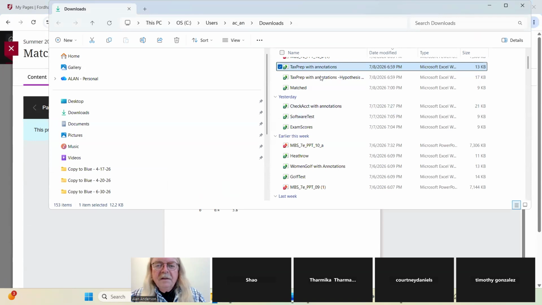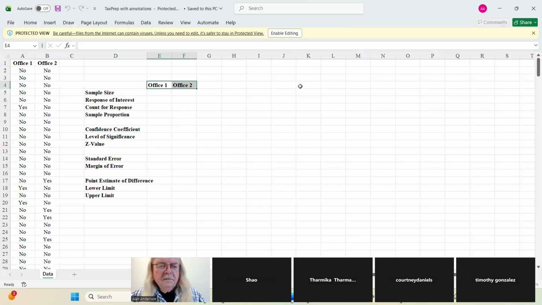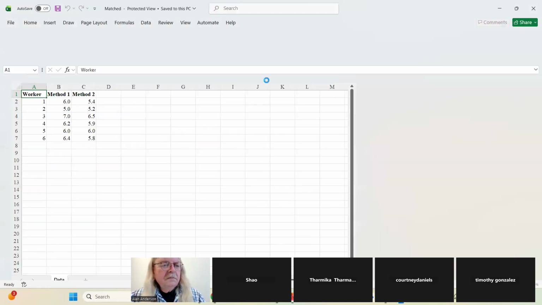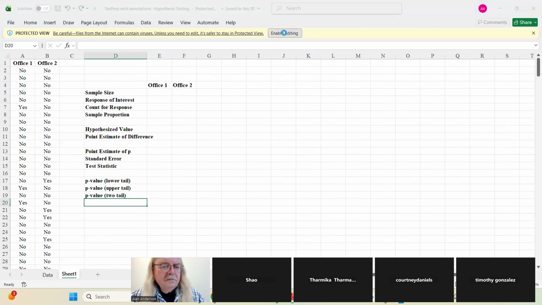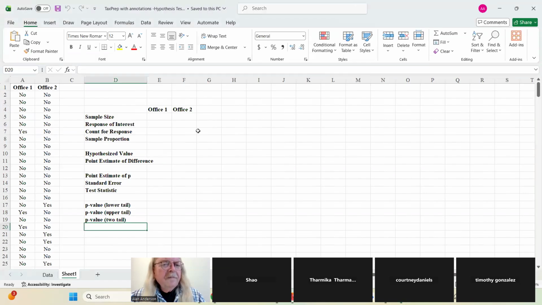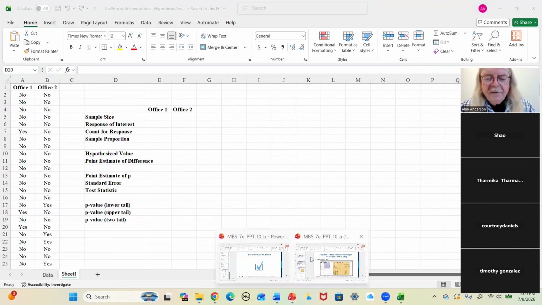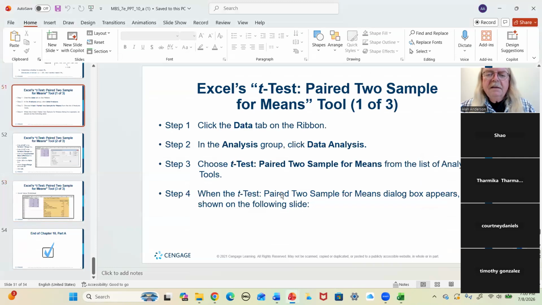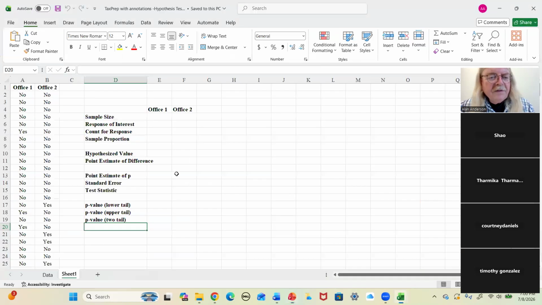All right, let's get them open. So I think we should do the matched pairs first because that came in 10A. Unfortunately for some of you, you won't be able to do this.